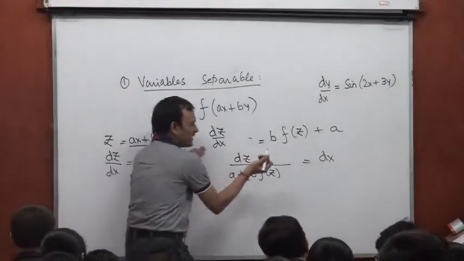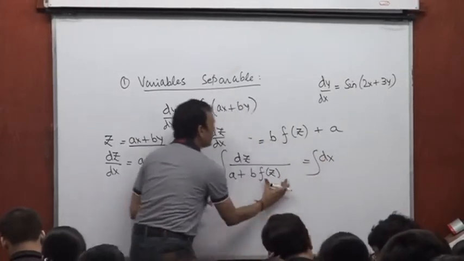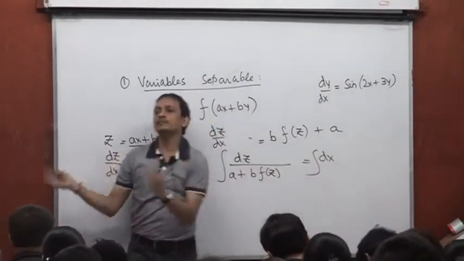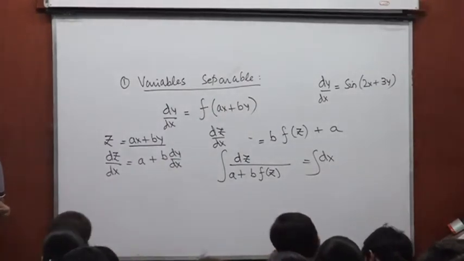I can see the variables have got separated, z and x have got separated. Then depending on whatever f(z) is, I could integrate this, and bring in an arbitrary constant c in the general solution of this differential equation.